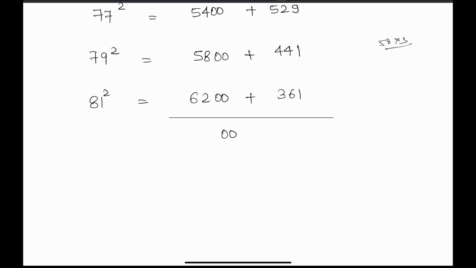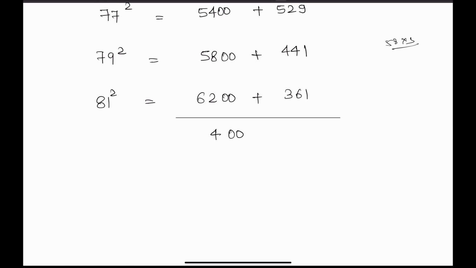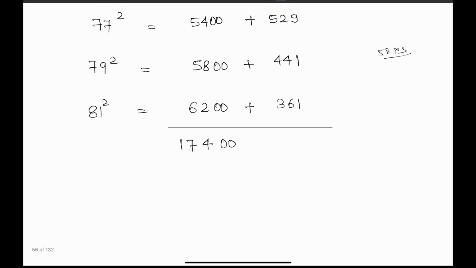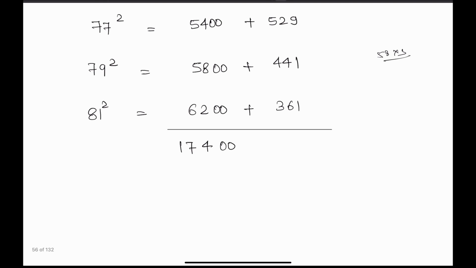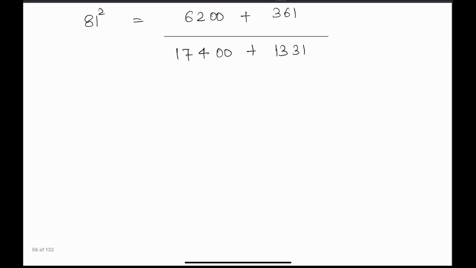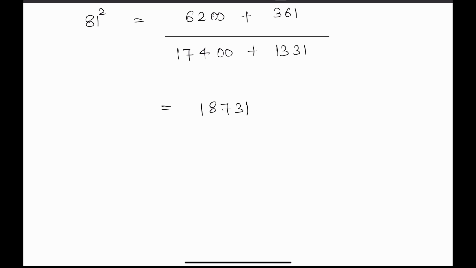So 8, 3, 24 to 1700, and then here we can use 29 plus 1, 4, 30, 30 plus 40, 70, 70 plus 1, 71, 71 plus 60, 131. So 31, carry 1, so 5, 5, 10 and 1, 13. So eventually it will be 18,731. 18,731 will be our required answer.